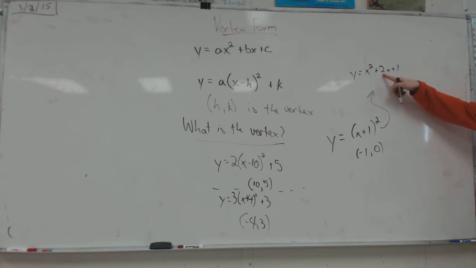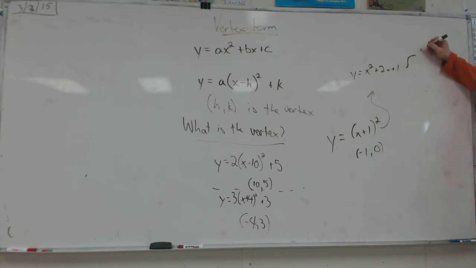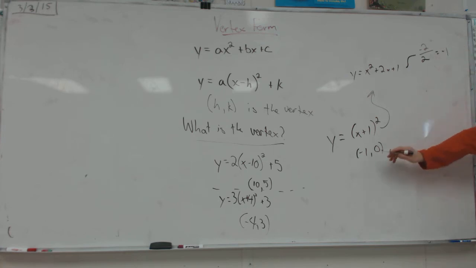What's our formula that we use to find the vertex in this form? Yeah. So negative b over 2a would be negative 2 over 2, which would be negative 1. That's our x coordinate. Oh look, it's the same.